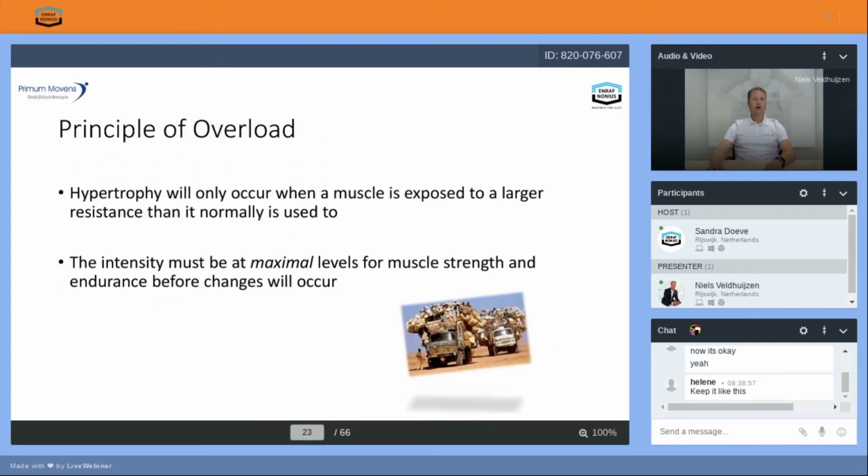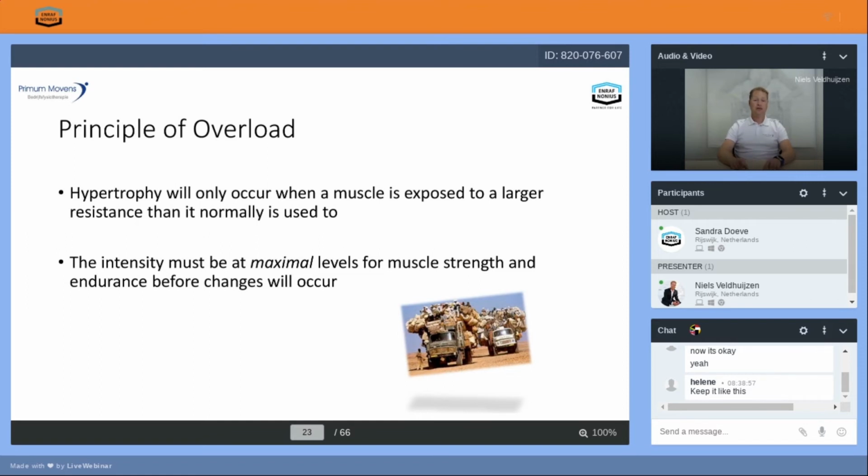Well, the principle of overload is often related to hypertrophy, but not only hypertrophy, also cardiovascular changes. You need a certain overload for your body to adapt. And the adaptations will only occur when a muscle is exposed to a larger resistance than it is normally used to. So you should challenge your patient. The intensity must be at maximal levels for muscle strength and endurance before the changes will occur.